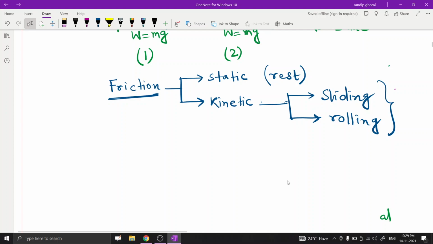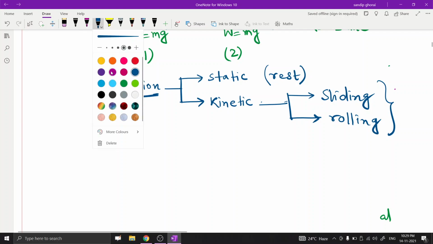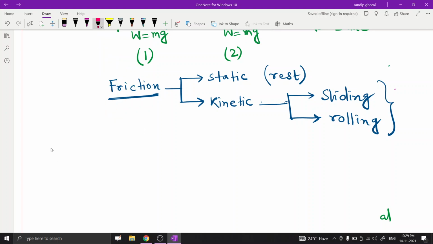Now, what are the advantages and disadvantages of friction? First, advantages. There are several advantages of friction.